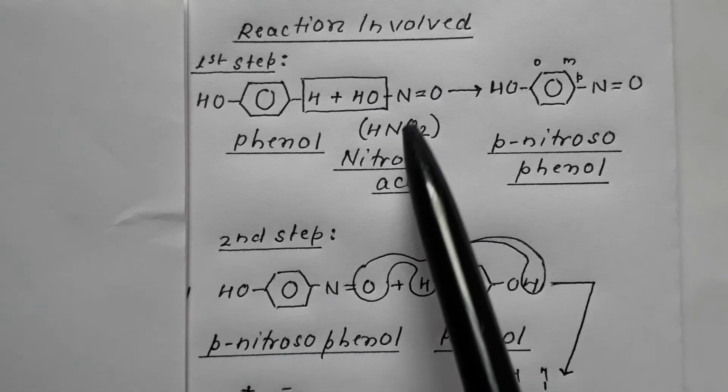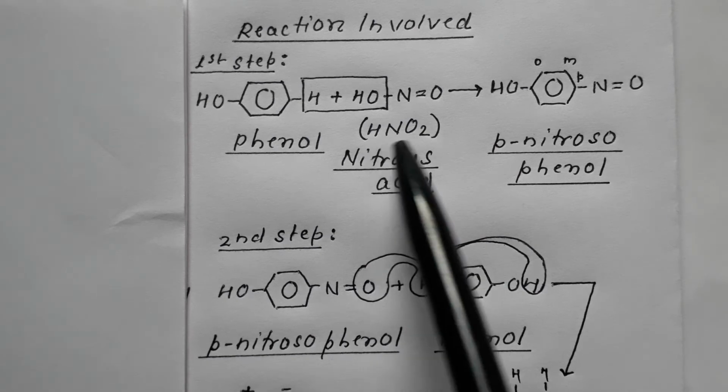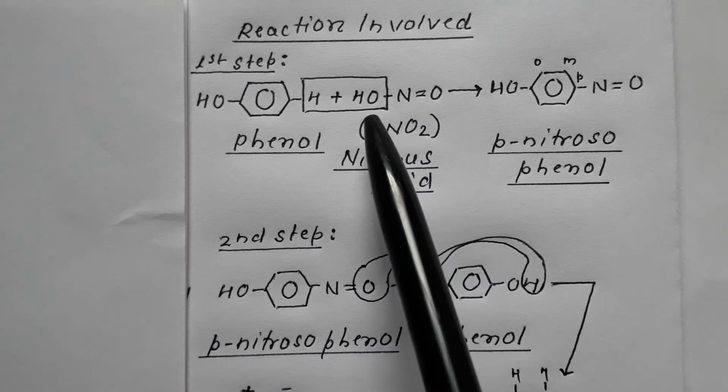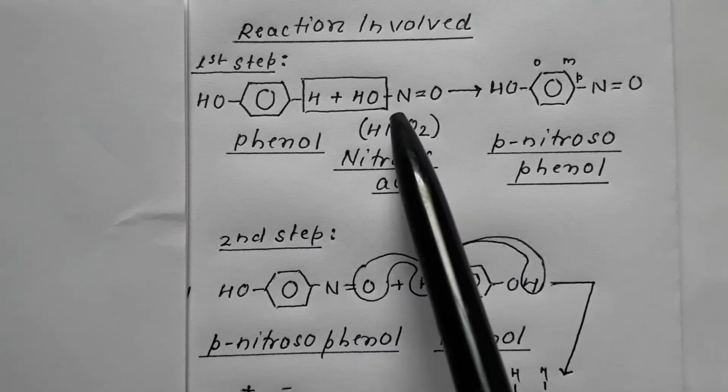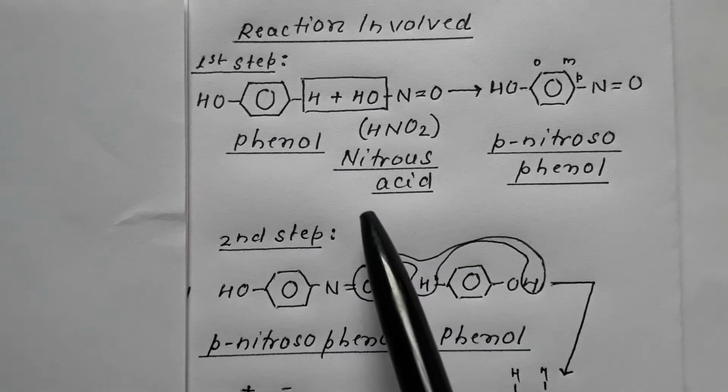So this nitrous acid is an unstable acid prepared on the spot. I have written nitrous acid HNO2 as HO and double bond O. This is HNO2, nitrous acid.